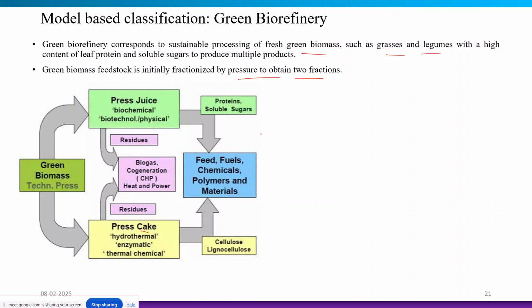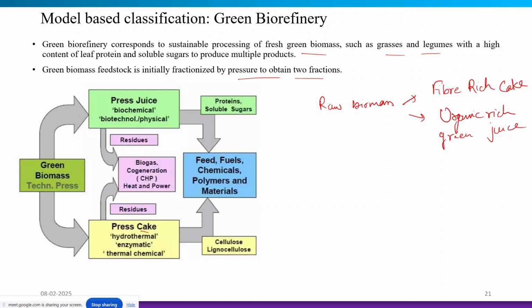This raw biomass is fractioned into a fiber-rich product that is called cake, and another one is the organic-rich green juice.